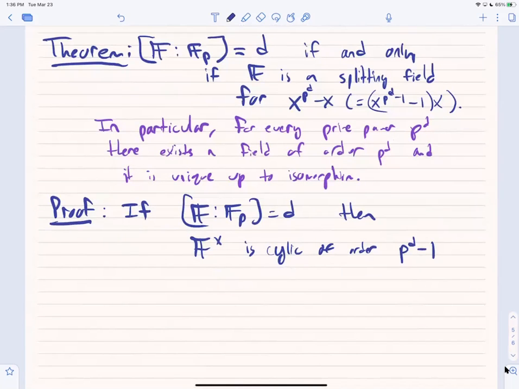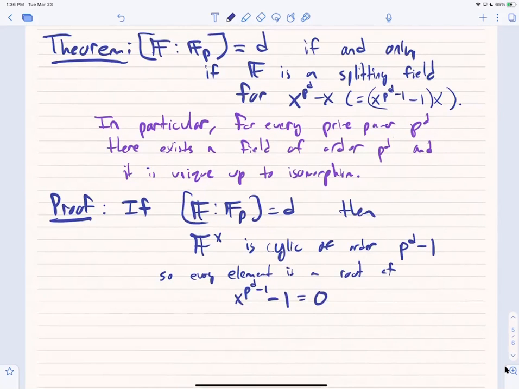Okay, and so that means every element of F cross is a root of x to the p to the d minus 1, minus 1, is equal to 0. I mean, I guess I didn't even need the lemma here. I just need this has order.